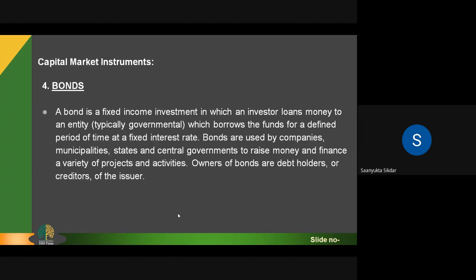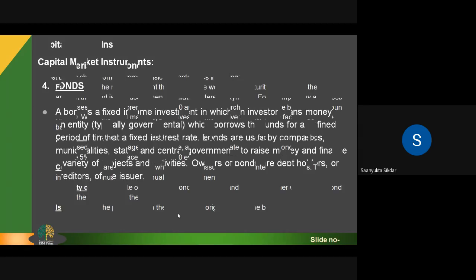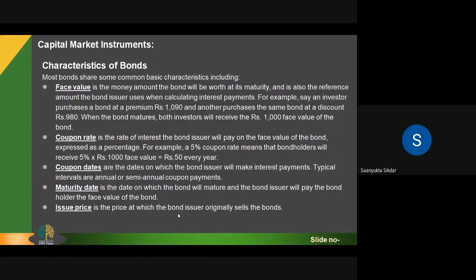Owners of bonds are debt holders or creditors of the issuer. Now let us have a look at the different characteristics of bonds.